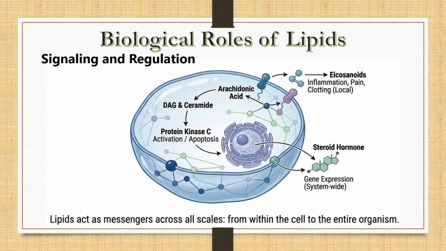Examples include eicosanoids, which are derived from polyunsaturated fatty acids and function as local mediators in inflammation, immunity, and vascular regulation. Steroid hormones synthesized from cholesterol regulate gene expression and coordinate long-term physiological processes such as growth, reproduction, and metabolism.